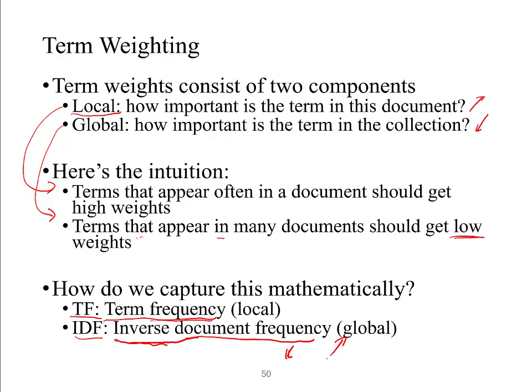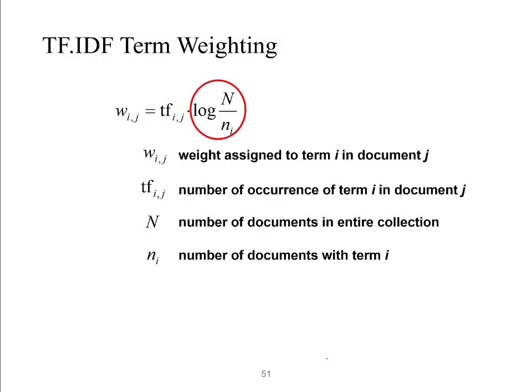Now let's look at the formula here. The weight of i and j, where i is the term and j is the document. There are two components of the term weight. The first one is the TF, which stands for term frequency, and the second one is the log of big N over small n_i.